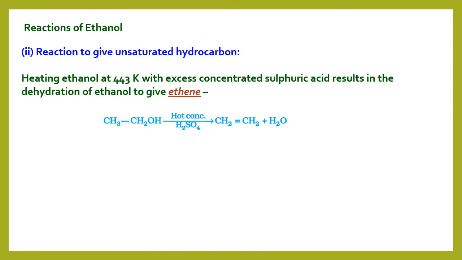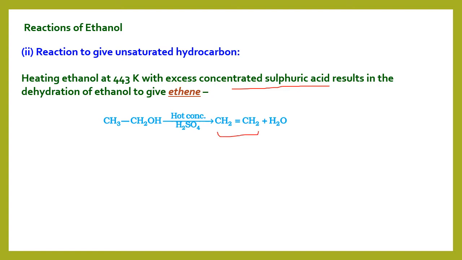Now reaction of ethanol to give unsaturated hydrocarbon. Okay, unsaturated hydrocarbon means double bond between two carbon atoms. When ethanol is heated at 443 Kelvin temperature with excess concentrated sulfuric acid, it gives ethene.